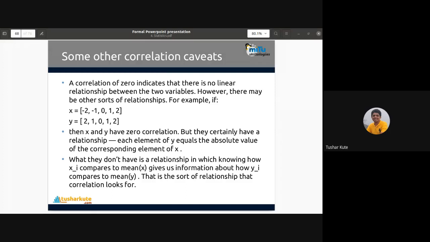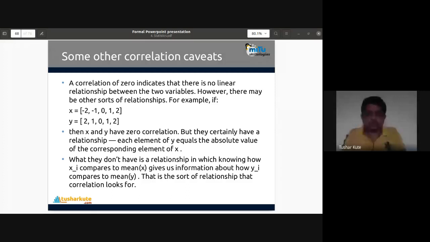So let's see, x is equal to, we have these values, this is what we have for x, and you write y something like this. Okay, so we have created it.